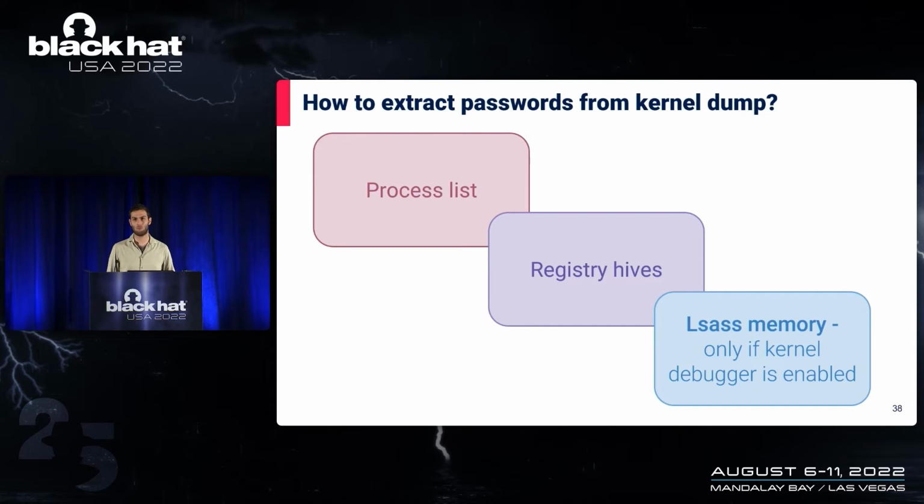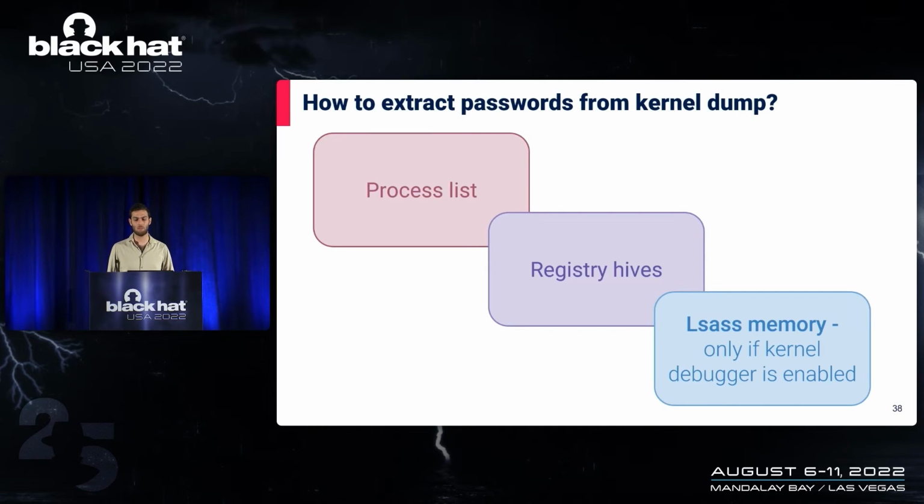We can access from the kernel dump all the processes and the parameters they can access. We can access the environment variables that are passed through. We can access the arguments. In addition to that, we can read and query all the registry hives that are loaded on the host itself, and sometimes passwords are stored there as well.